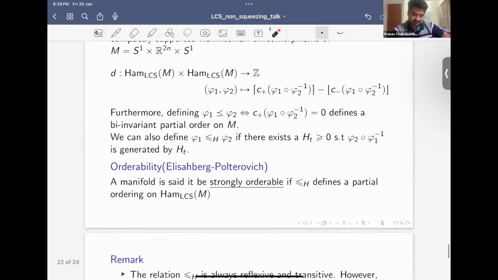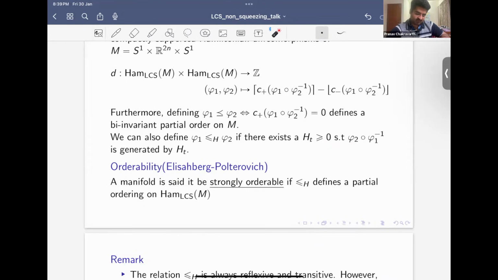And so there is a Hamiltonian ordering on the space of LCS maps, which basically says that phi1 is less than or equal to phi2 in the Hamiltonian ordering if there exists a non-negative Hamiltonian that generates phi2 compose phi1 inverse.